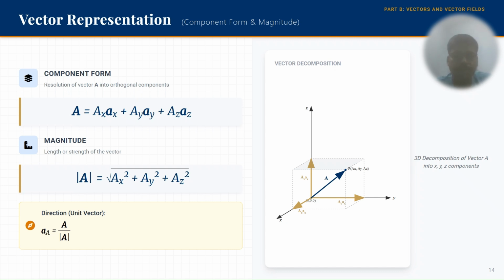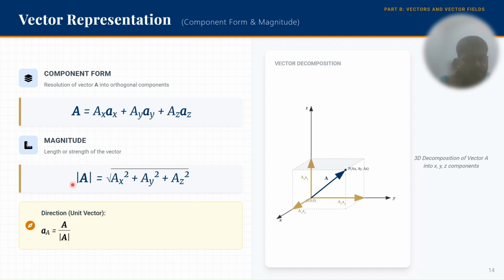Now how do we define a vector quantity? In a rectangular coordinate system, a vector capital A is defined as capital A suffix x, where A_x is the magnitude and the small a_x, the unit vector, shows the direction of the vector. Similarly, along the y direction, this is the magnitude and this is the direction, and for the z direction, this one.